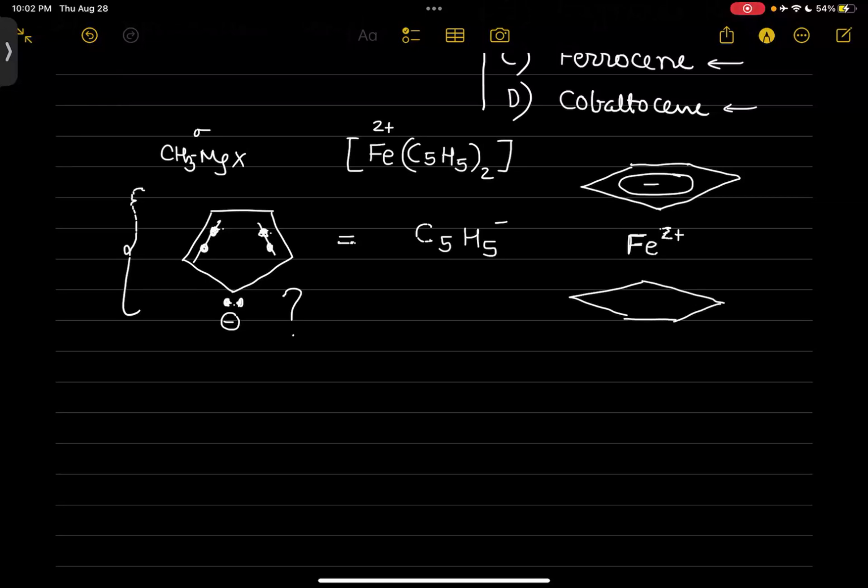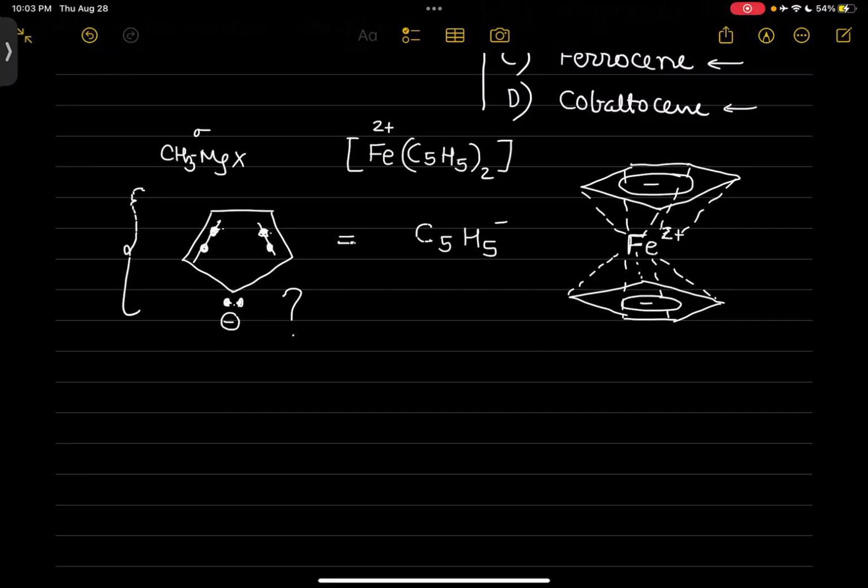So it has a shape like this. The iron is actually sandwiched between these two rings. Is it clear or not? So it is also known as a sandwich compound. The two rings and the metal ion is sandwiched between the two rings. Got it?